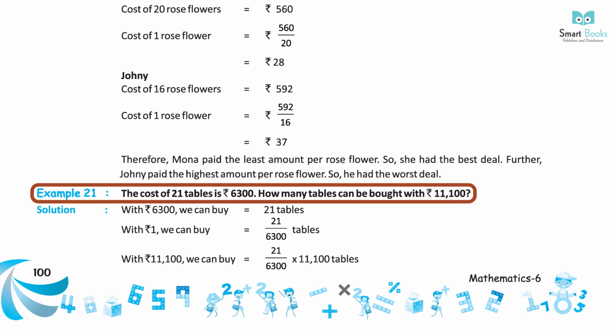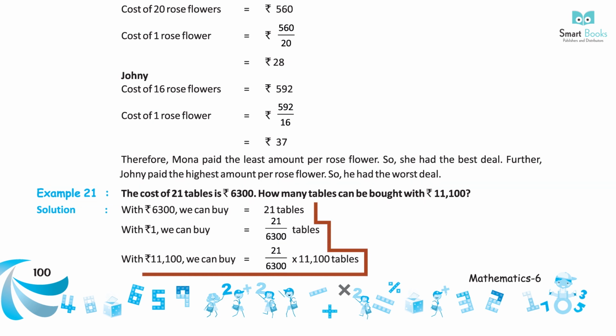Example 21. The cost of 21 tables is rupees 6,300. How many tables can be bought with rupees 11,100? Solution. With rupees 6,300 we can buy 21 tables. With rupees 1 we can buy 21 upon 6,300 tables.